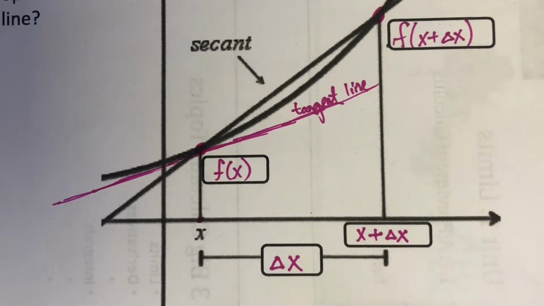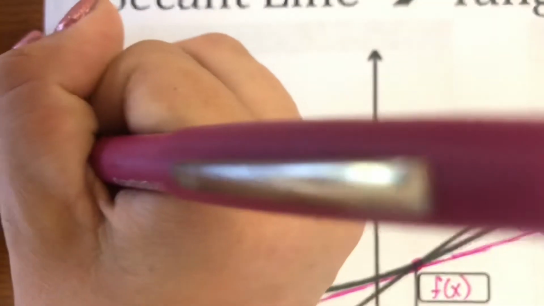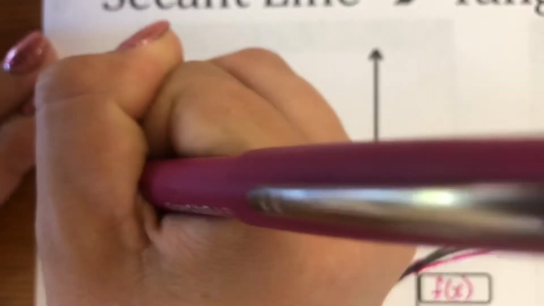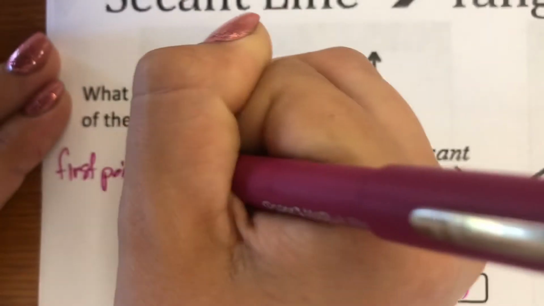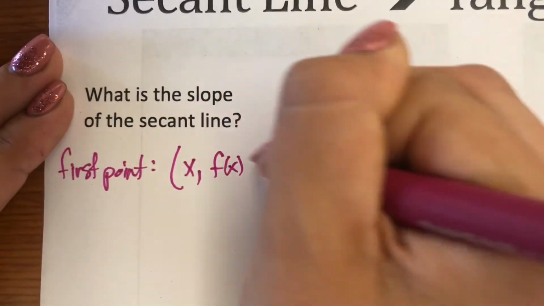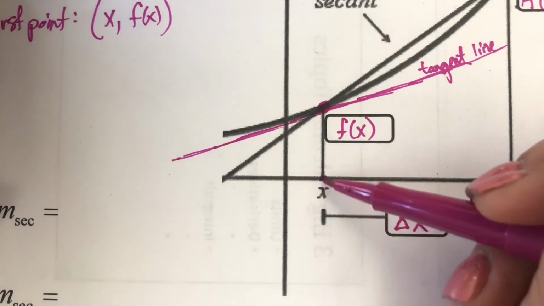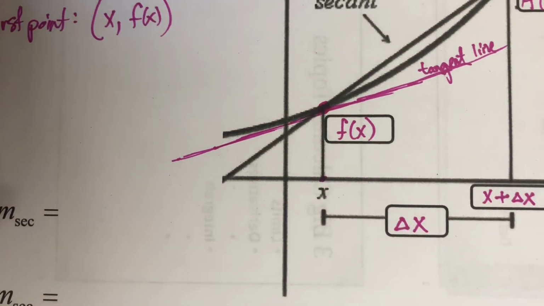Awesome, now I have 2 points. Let's name my 2 points. My first point here is x comma f of x. This is the x value, that's the y value.